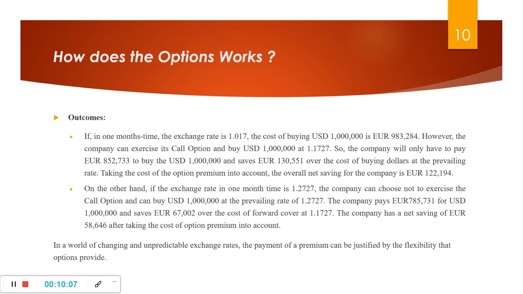The company has a net saving of euro 58,646 after taking the cost of the option premium into account. In a world of changing and unpredictable exchange rates, the payment of the premium can be justified by the flexibility that options provide.